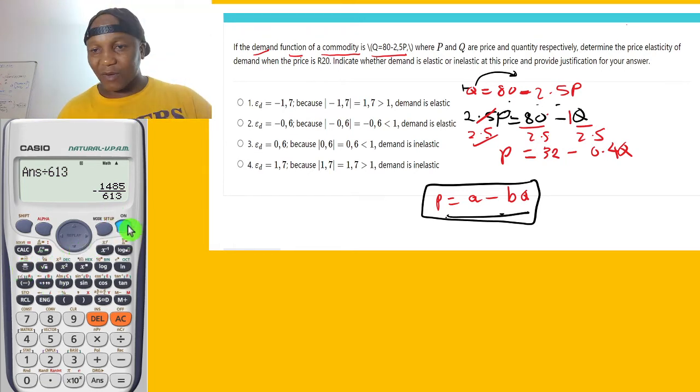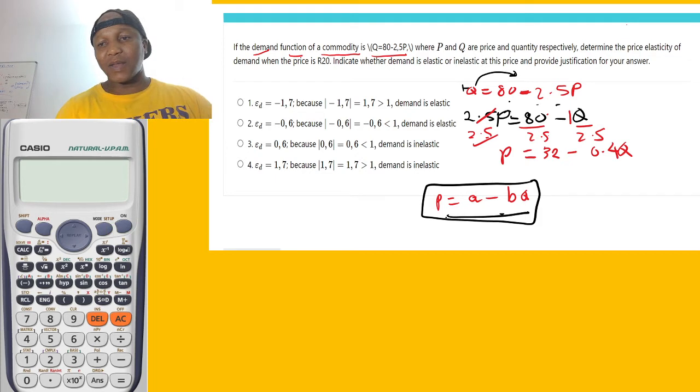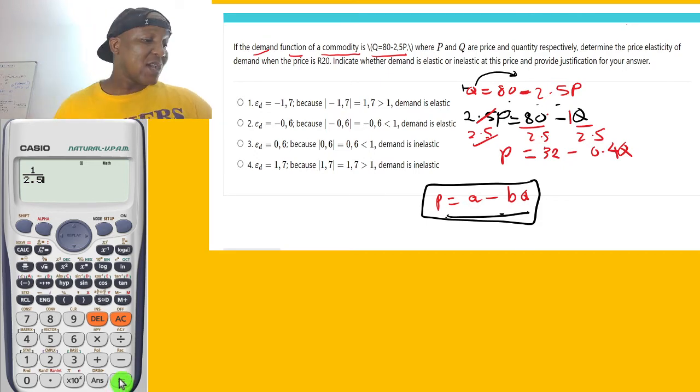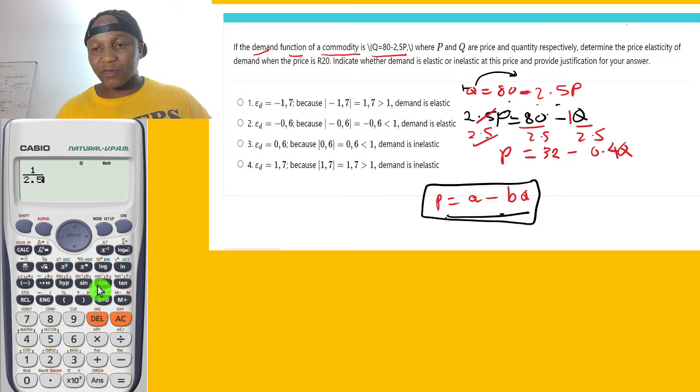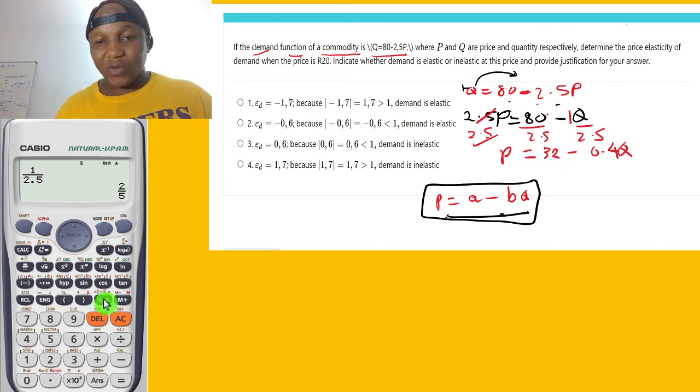You come into the fraction, put 1 on the numerator and 2.5 on the denominator, and press equals, and it's going to give you 0.4.